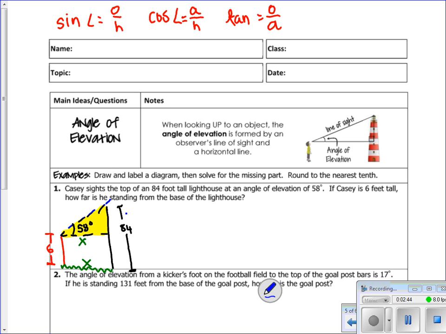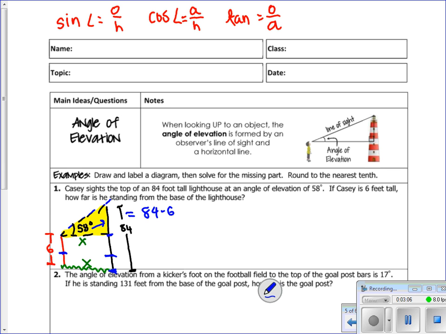If this is 6 over here, then this distance from here to here is 6 feet tall. That means the side opposite 58 degrees is going to equal 84 minus 6. So you do have something.